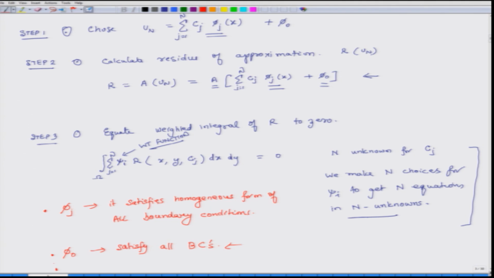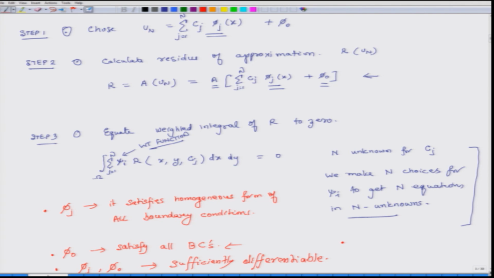The third requirement is that phi j and phi naught should be sufficiently differentiable. So, if in my operator A I have fourth order derivatives, then phi j and phi naught should be differentiable at least 4 times. Otherwise, my choice of phi j and phi naught is incorrect.